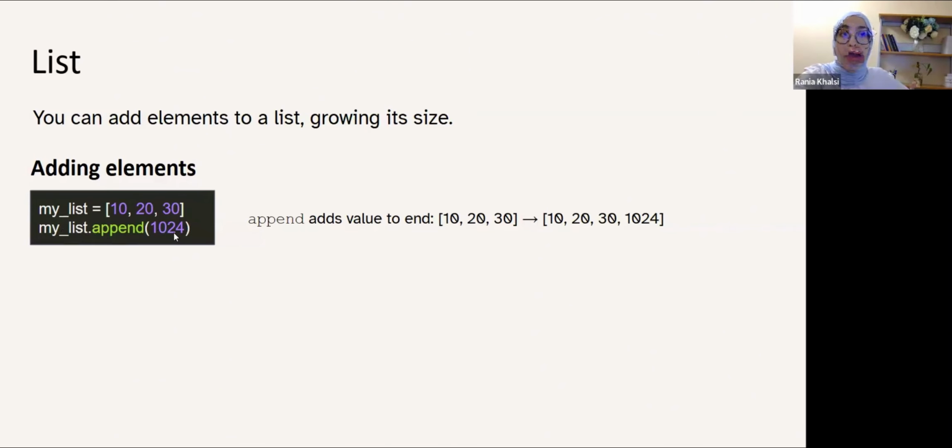Where will I add it, now the question? Automatically in Python, if you are adding an element to the list, it comes in the last position. So it's going to be the last element. If you have your list before as 10, 20, 30, now it's the same 10, 20, 30, but we are adding 1024 at the end, which increases the size of my list from 3 elements to 4 elements.